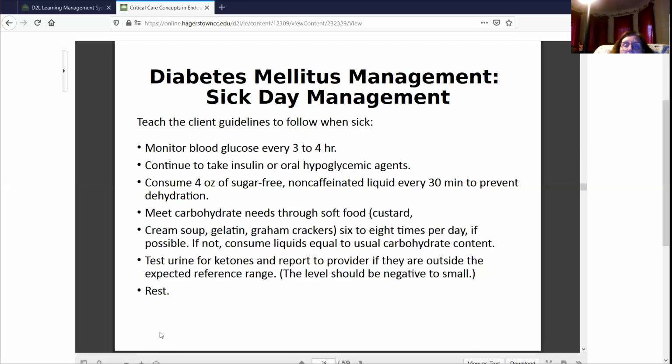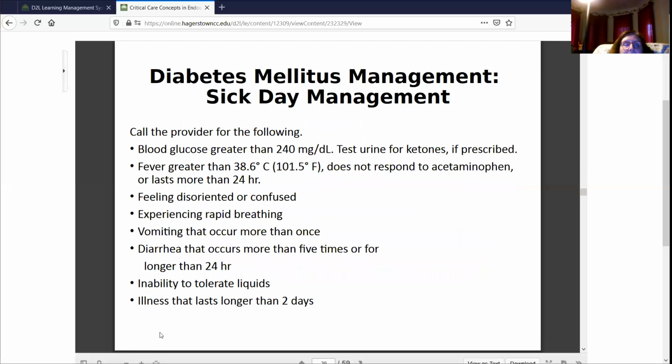If not, consume liquids equal to usual carbohydrate content. Test urine for ketones and report to provider if they are outside the expected range. The level should be negative to small. We're talking ketones. And also make sure that you tell them to rest.